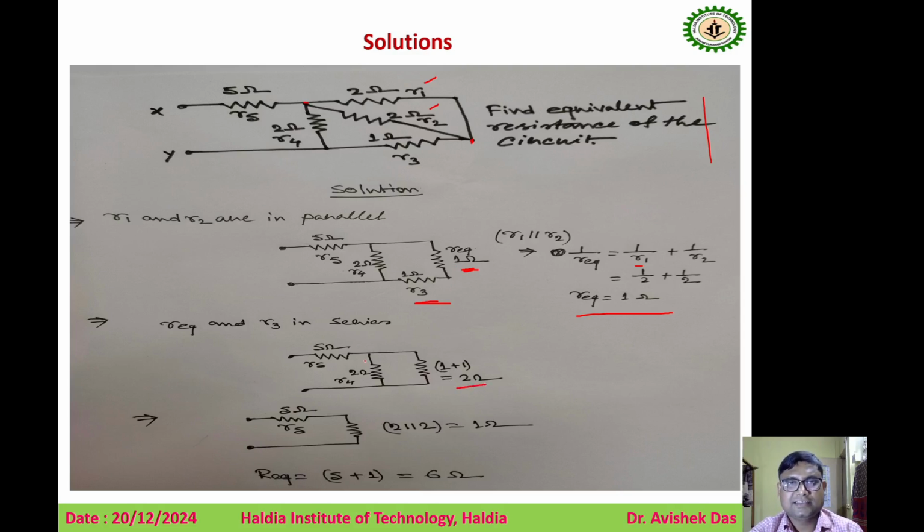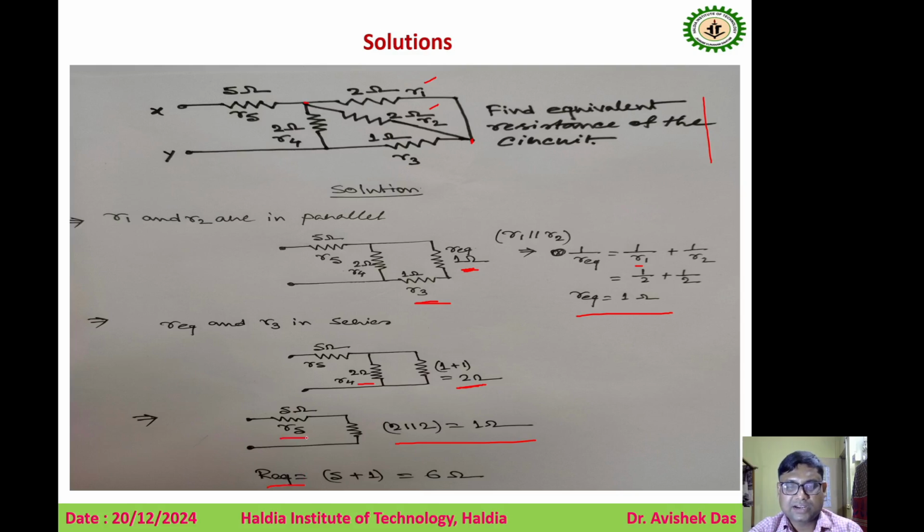So next, look, this R4 resistor and this resistor are connected in parallel. This 2 ohm resistance and this 2 ohm resistance are in a parallel combination. So what will be the equivalent resistance of two 2 ohm resistances connected in parallel? Its equivalent resistance will be 1 ohm, right?